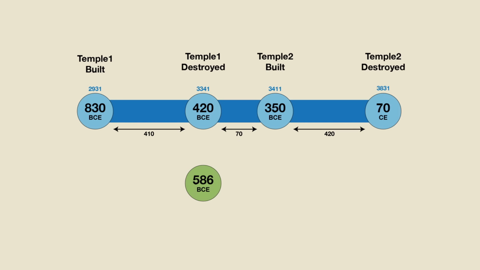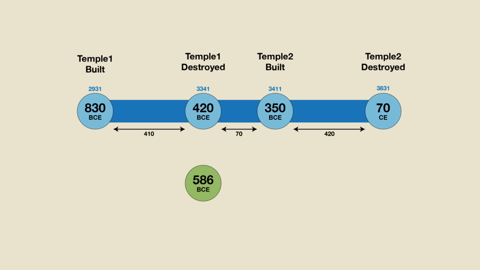The third date, the date for the construction of the second temple, is given as being 70 years after the destruction of the first. Although we don't have an exact date from historical records for when the second temple was built, 70 years after the destruction of the first is probably about right, based on how long the Babylonian Empire lasted and based on when its conqueror, Cyrus the Great of Persia, made his decree allowing his various subjects to return to their homelands.